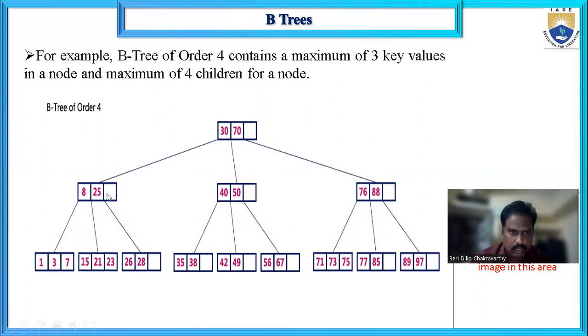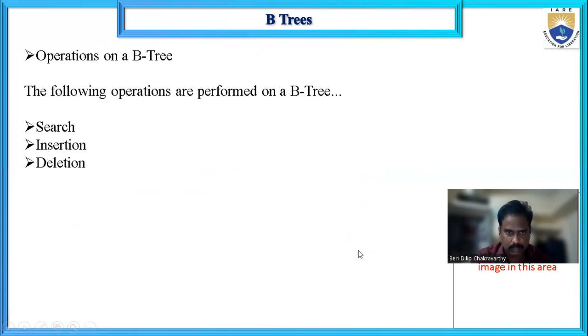All the elements that are less than 30 will be placed here, all the elements that are greater than 70 will be placed here, and all the elements in between 30 and 70 are placed here. Here also I have taken the children. See, all the leaf nodes are at the same level. So we need to consider these conditions.